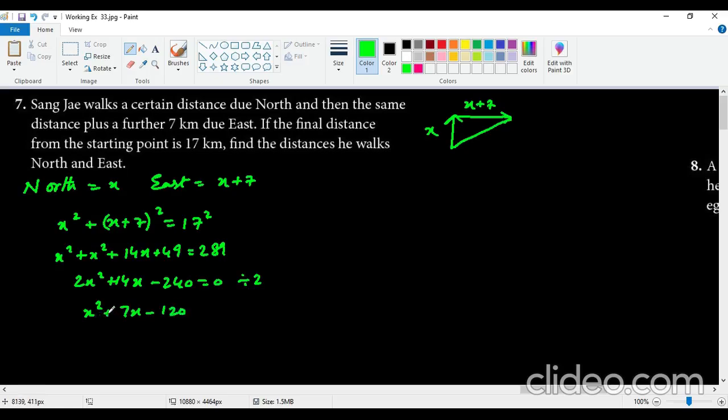Now putting this in a quadratic equation, a equals 1, b equals 7, and c equals negative 120. So minus 7 plus minus under root b square, which is 7 square, minus 4a times c, which is minus 120, over 2 times a, which is 2.